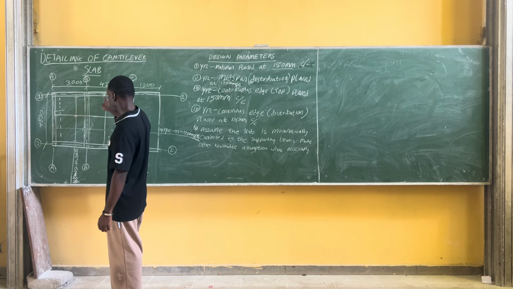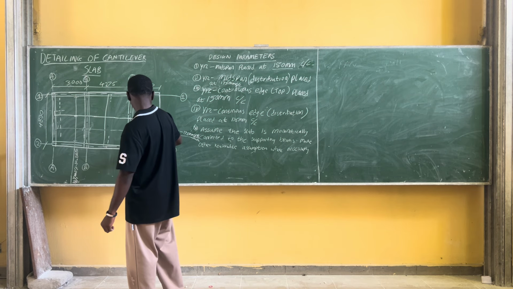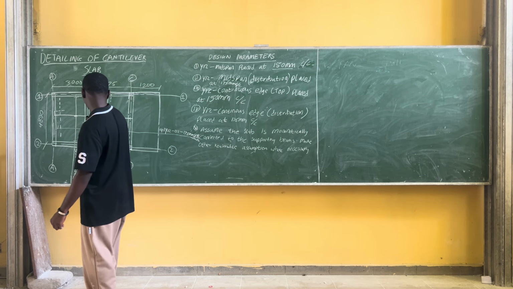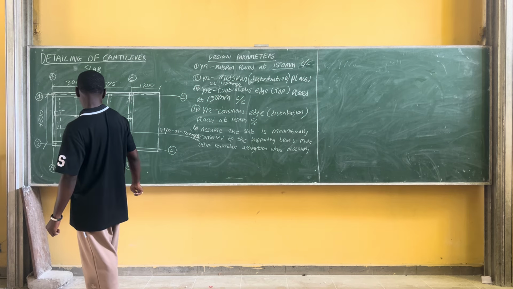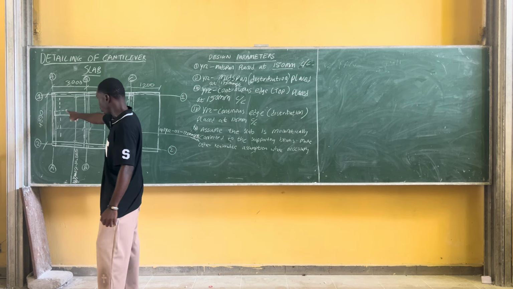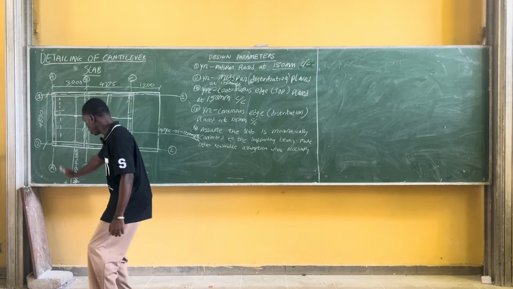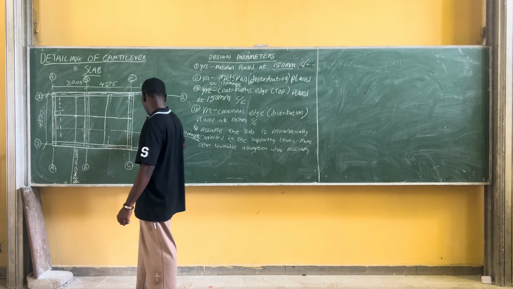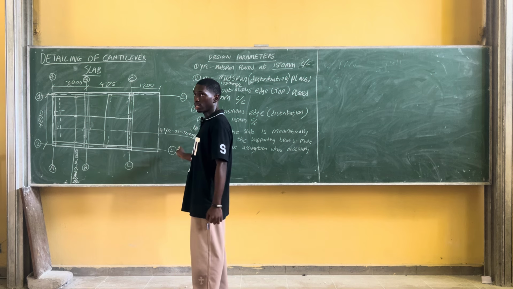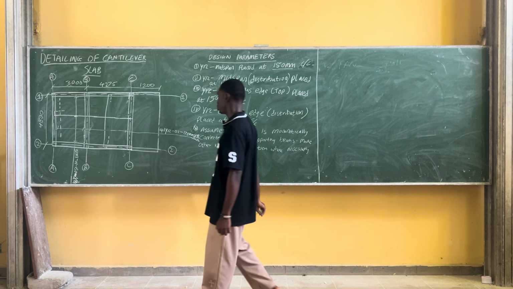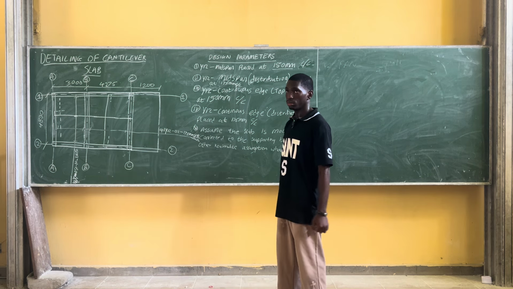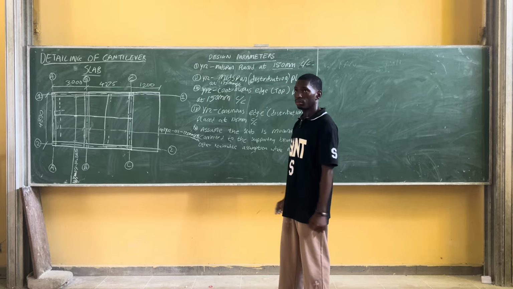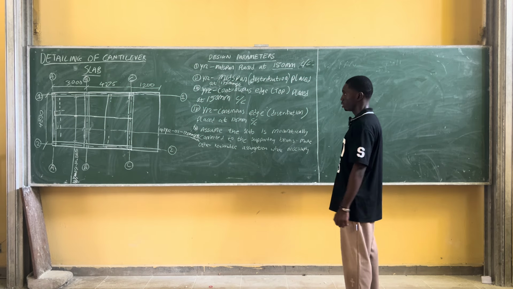It's parallel to here, so we'll indicate here as B1, because this one is spanning on the shorter span. This one is parallel to the longer span. So here is B2. You understand? It's different from the cantilever. So any question?